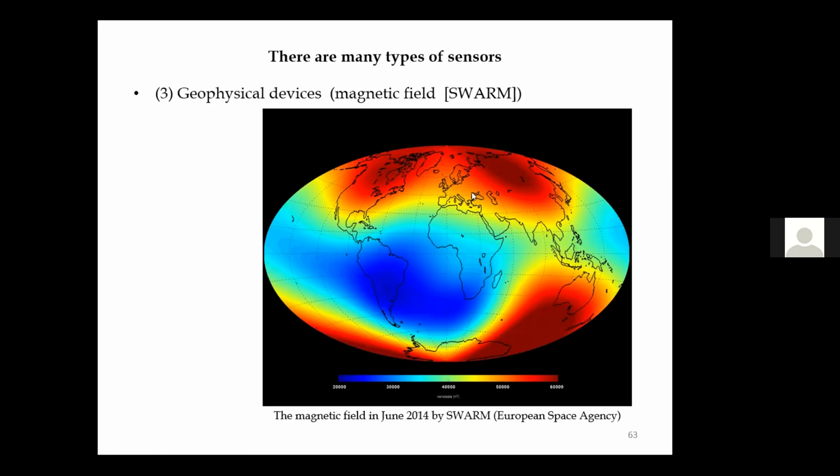And it is interesting, for example, in this case, to look at the magnetic field as observed by a satellite of the European Space Agency. The name of this satellite is SWARM. You can look at the signal at the Earth's surface. Red color corresponds to high magnetic areas, and blue colors are relatively low magnetic areas.